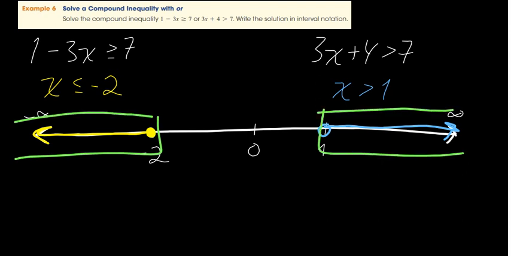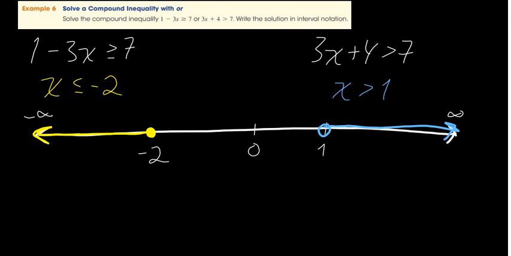So how do I write that in interval notation? It's not abundantly difficult, but there might be a little bit of a learning curve. If we say x is less than or equal to negative 2, let's put this in yellow, we would say from negative infinity all the way to negative 2, and we include it.